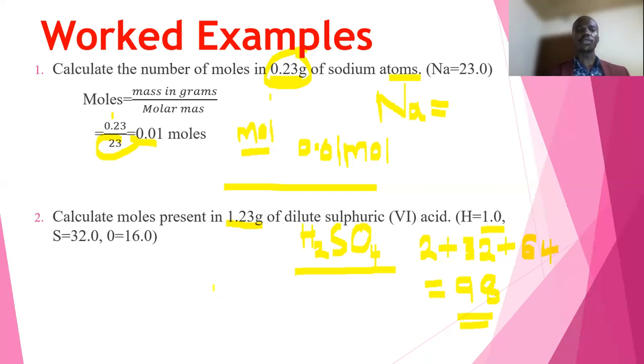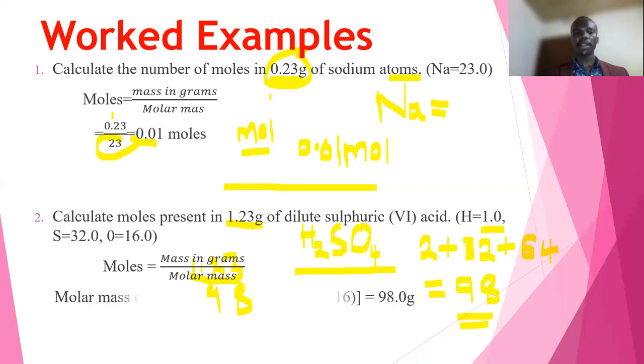So the moles now will be mass, that is 1.23, then you divide by 98. As shown here, you can check. So we have said moles is given by mass in grams over molar mass. Then we have the molar mass of sulfuric acid. The way we have said, we had 2 hydrogen atoms, and each hydrogen atom has an atomic mass of 1.